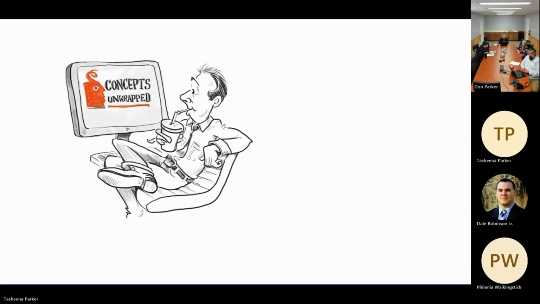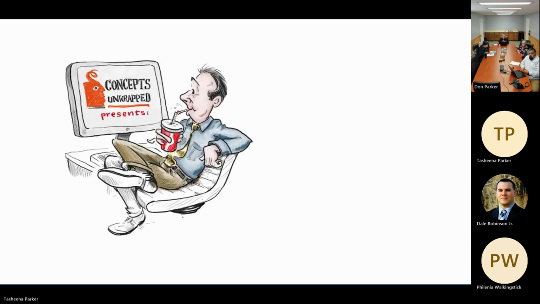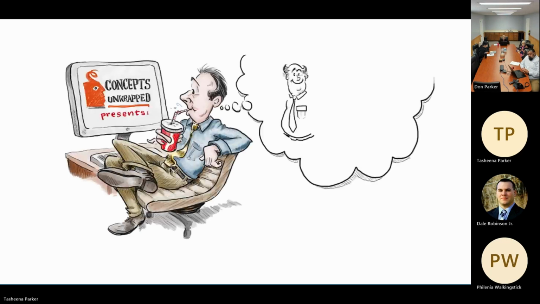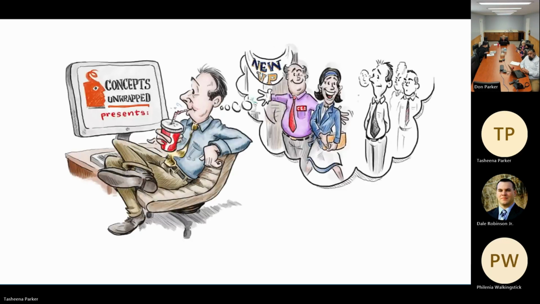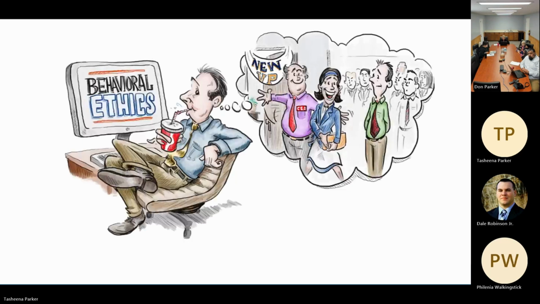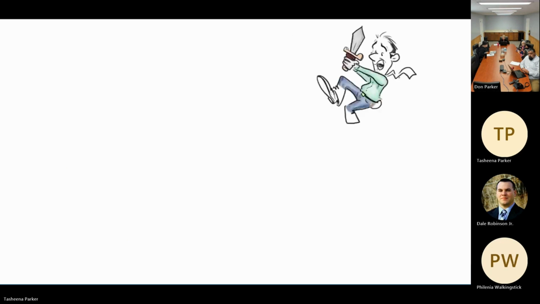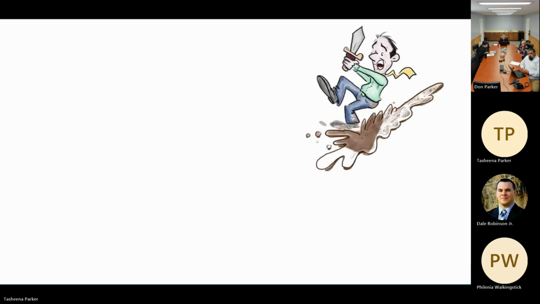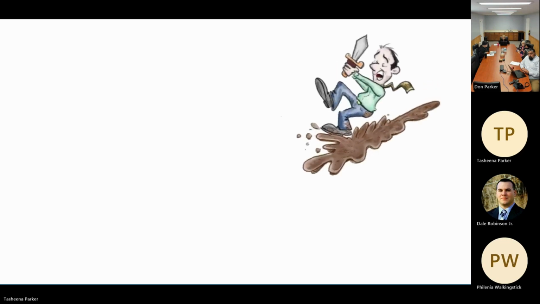Many of the Concepts Unwrapped videos use the research generated by the new field of behavioral ethics to illustrate how difficult it can be to do the right thing, even for people who are good folks. A desire to please authority or to fit in with the group may cause people to act inconsistently with their own moral values. For example, the slippery slope can cause people to fail to notice lapses in moral judgment made by themselves or others.